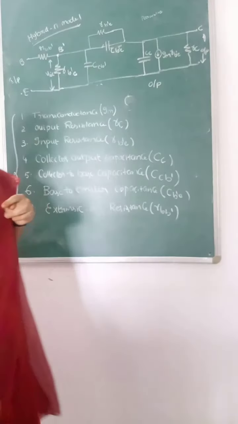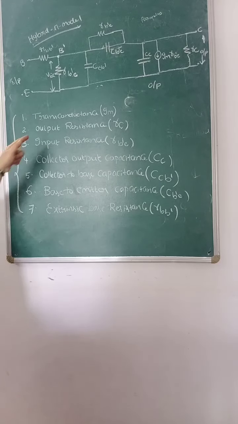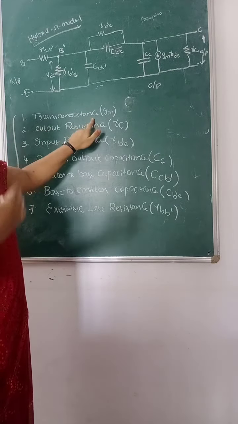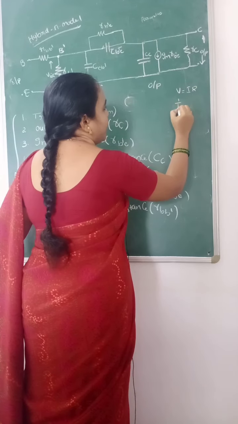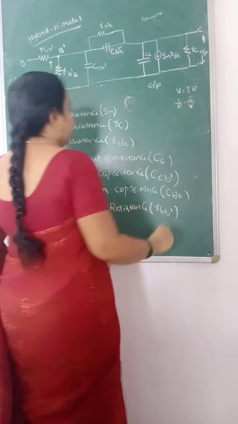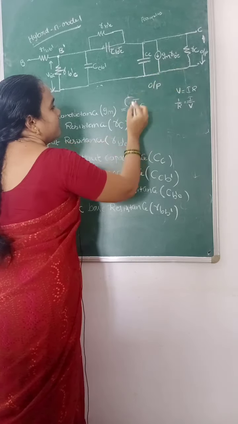Consider the first element called transconductance. Transconductance is nothing but the inverse of a resistance. So according to Ohm's law, V is equal to IR. So then 1 by R is equal to I by V. So this transconductance is the ratio of collector current, since it is the output circuit, divided by the threshold voltage.